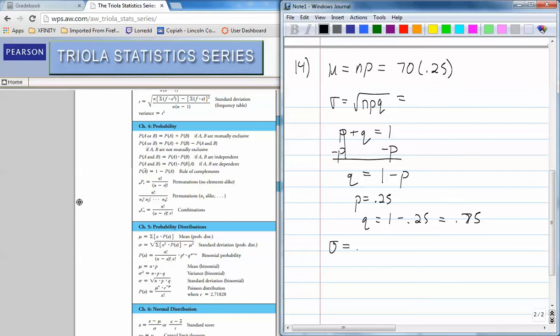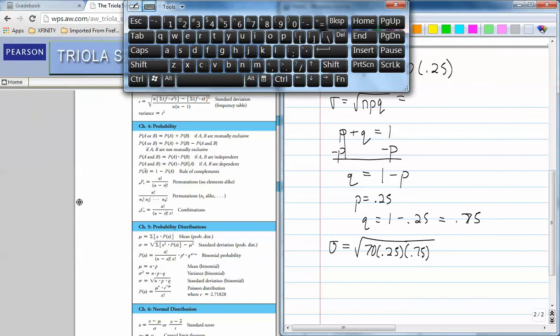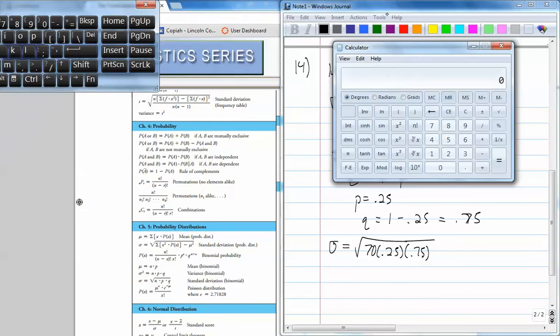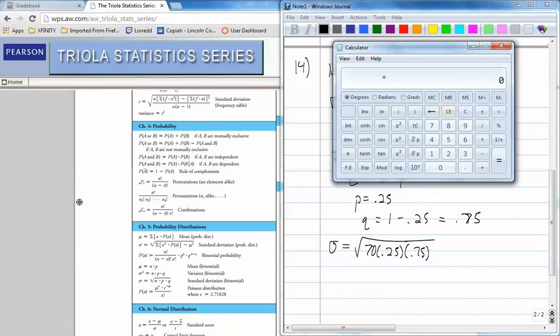Sigma, standard deviation, is equal to the square root of, our n was 70, our p was 0.25, and our q was 0.75. Alright, if you are using the Windows calculator, to me the easiest way to do something like this is to multiply the stuff underneath first.